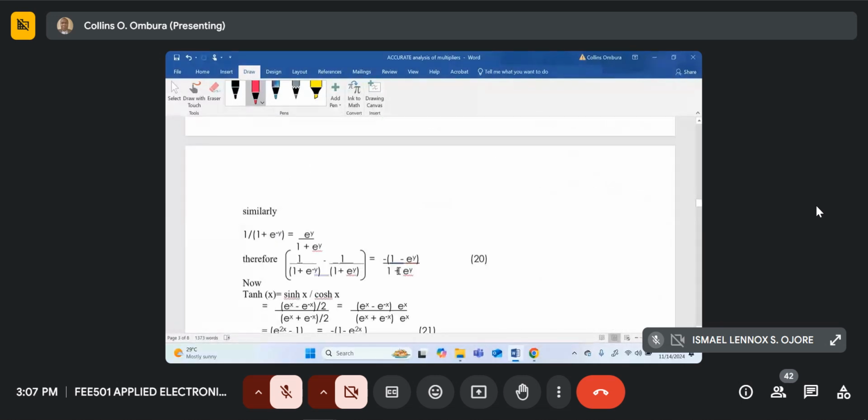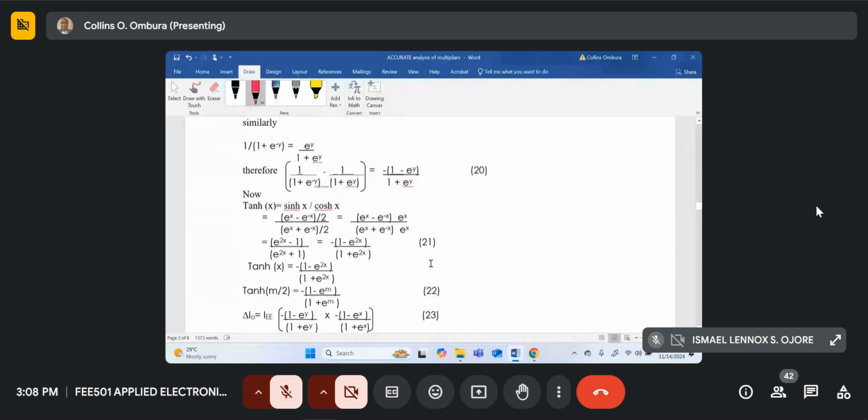So with that one, I've done it over here. I've done the 2 steps, and we've gotten that term to be minus 1 minus e to the y divided by 1 plus e to the x. So these are 2 important results to remember. We're going to use them later on.